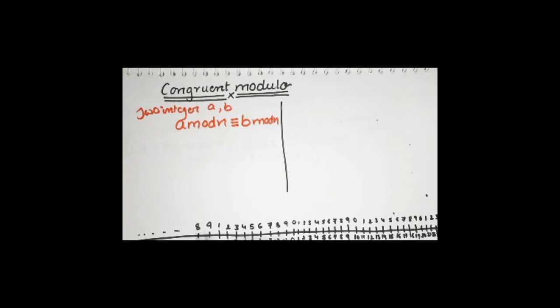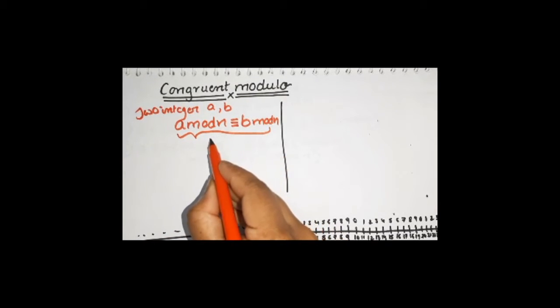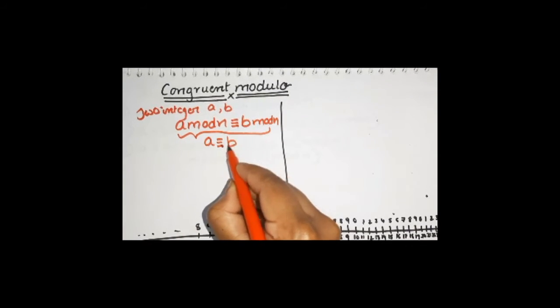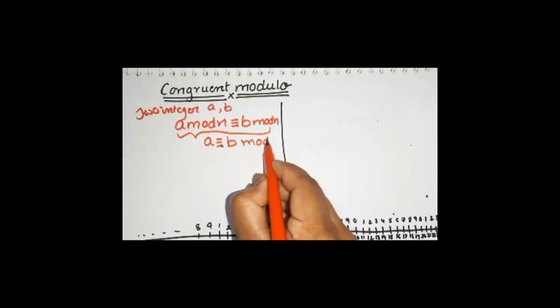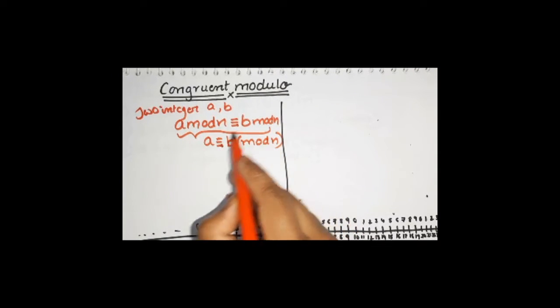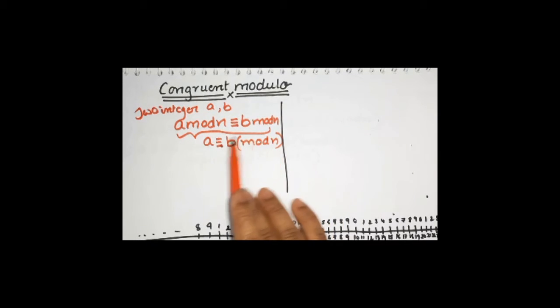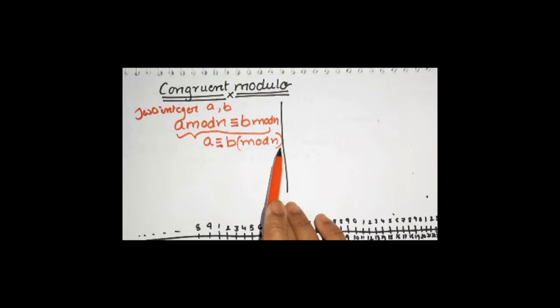You can also write this as A congruent to B mod n. Both are same. There's no difference between A mod n equal to B mod n, or A mod n congruent B mod n, or A congruent B mod n. All same, right?